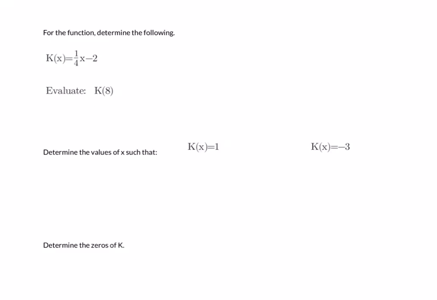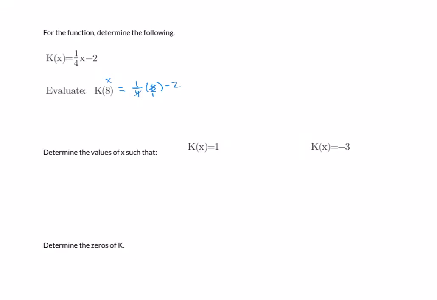8 is inside the parentheses, meaning it is an x coordinate. So to evaluate this, we're going to replace x with 8. To go ahead and multiply this, I'm going to put 8 over 1.